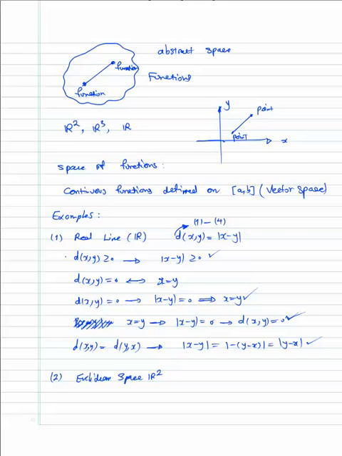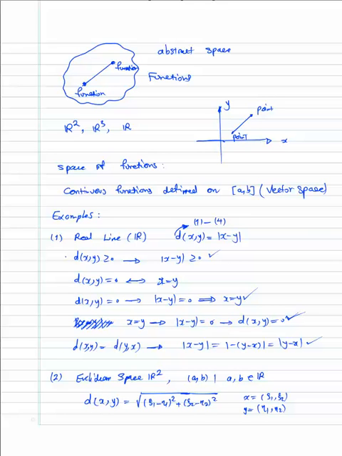This space R2 is just ordered pairs of real numbers, like a and b, where a and b belong to R. And the metric defined on it is just the distance that you know from geometry: the square root of zeta 1 minus eta 1 to the power of 2 plus zeta 2 minus eta 2 to the power of 2, where x is equal to zeta 1, zeta 2, and y is equal to eta 1, eta 2.